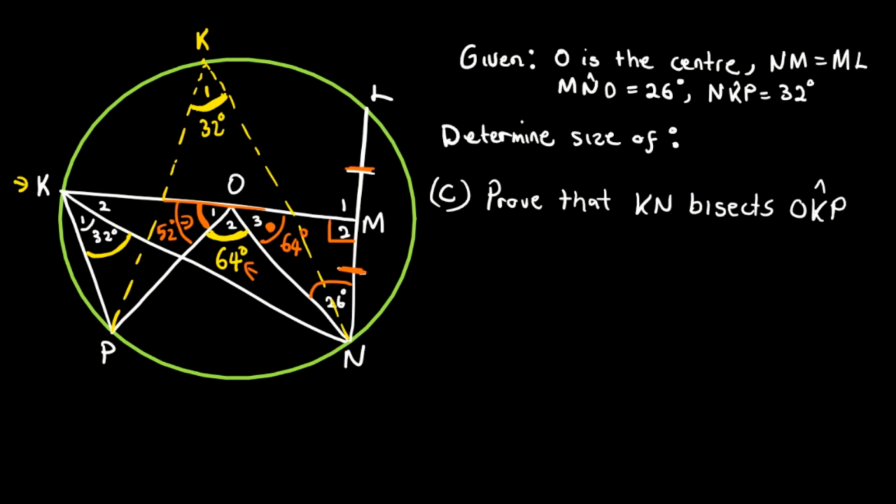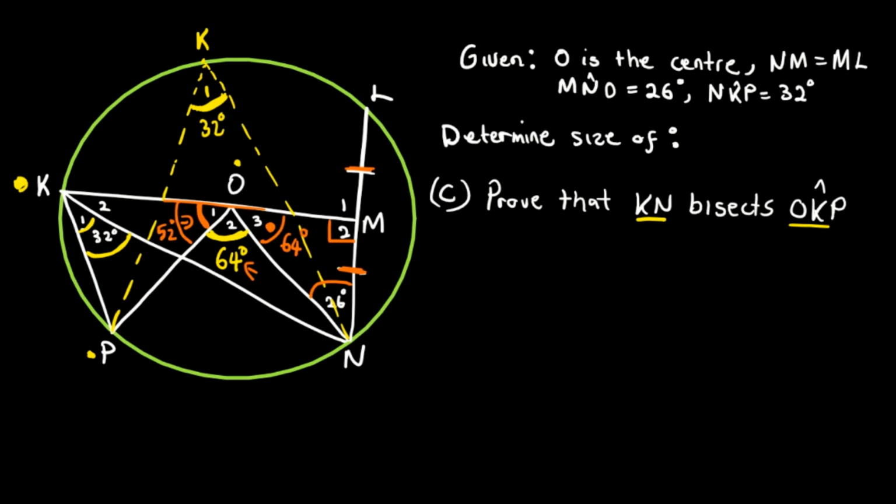Now we are asked to prove that KN bisects angle OKP. So this is P, this is K, and this is O. The angle they're talking about is this one here. We want to prove that the line KN bisects the angle.